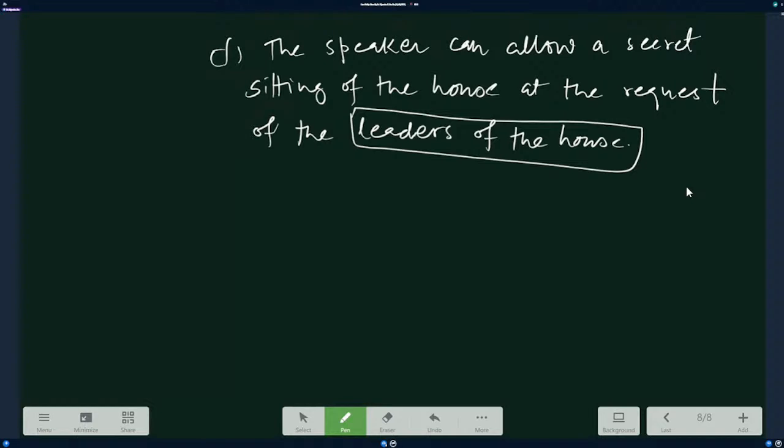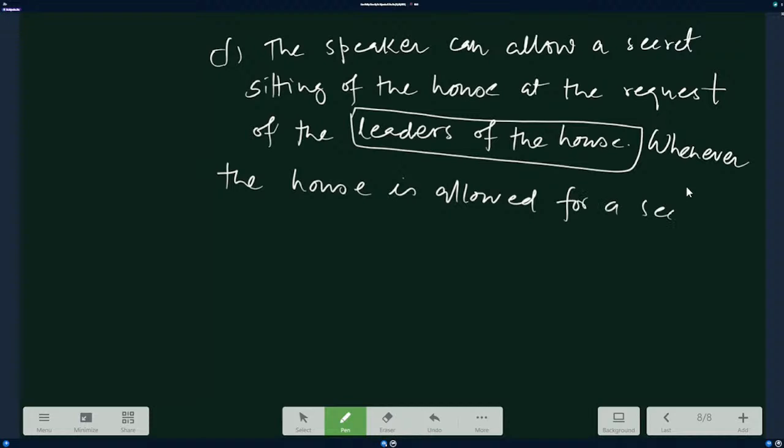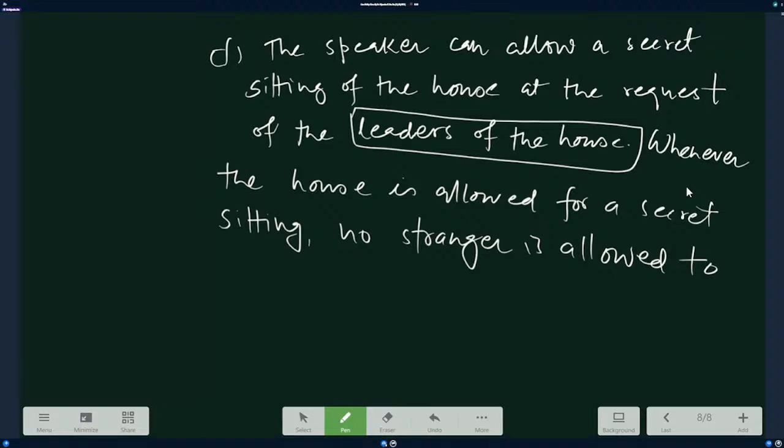Now, whenever the house is allowed a secret sitting, no other people are allowed to enter, no stranger is allowed to sit in the meeting.